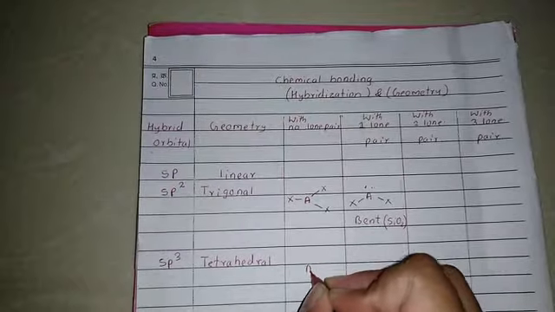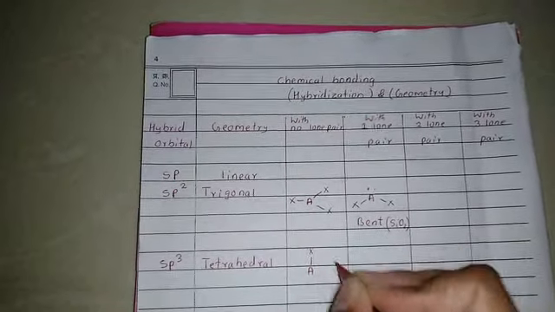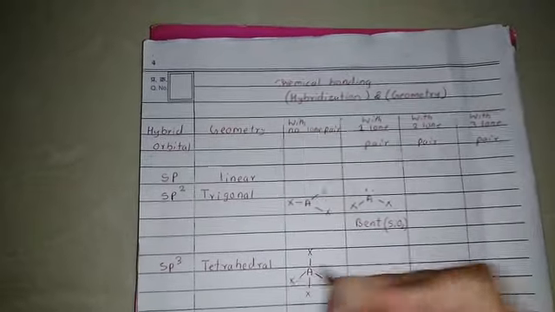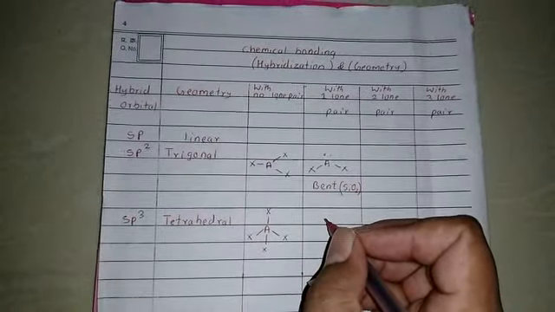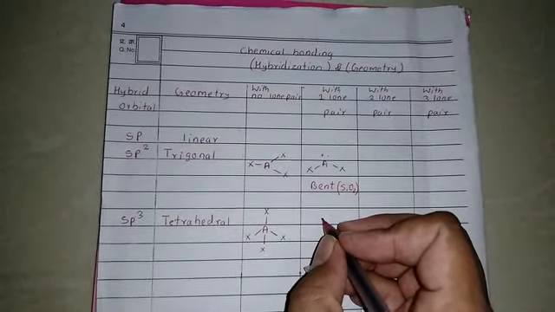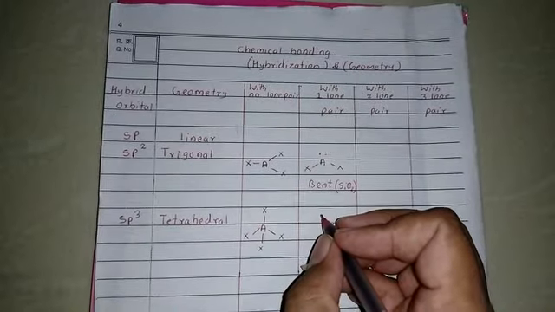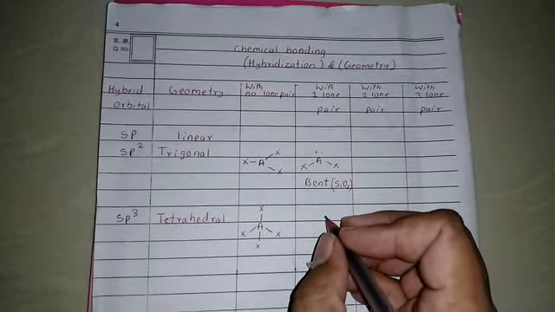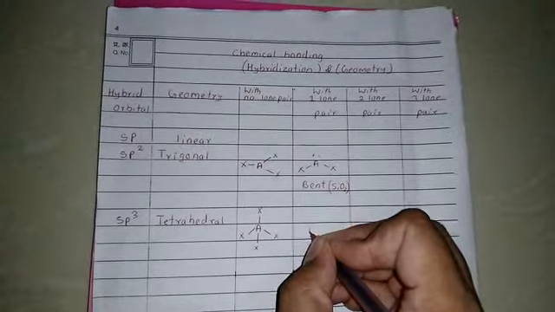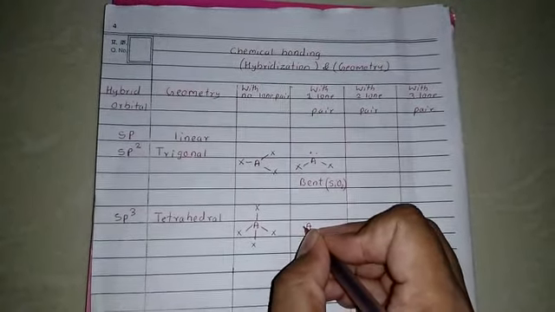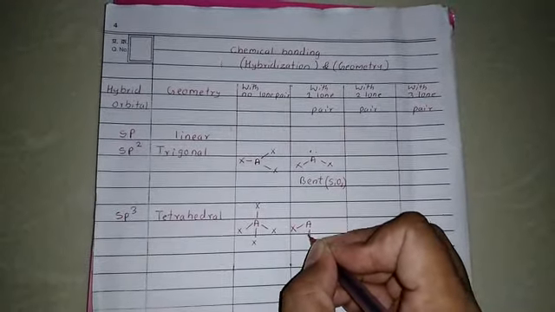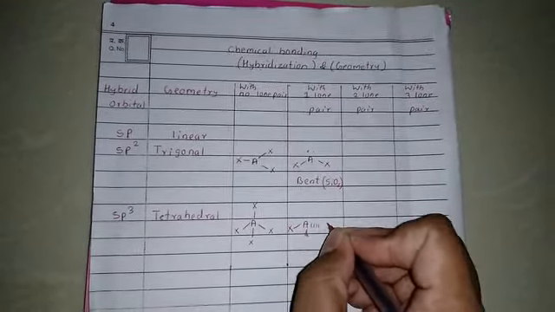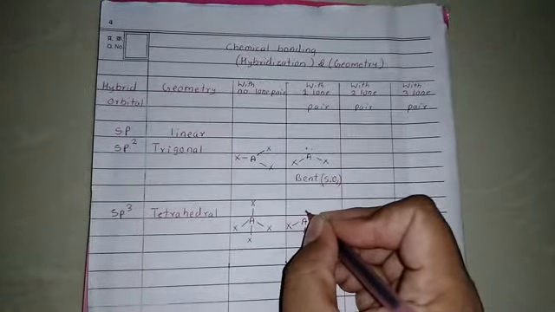If any molecule with sp3 hybridization consists of one lone pair, then the structure appears like trigonal pyramidal. The lone pair will be here.